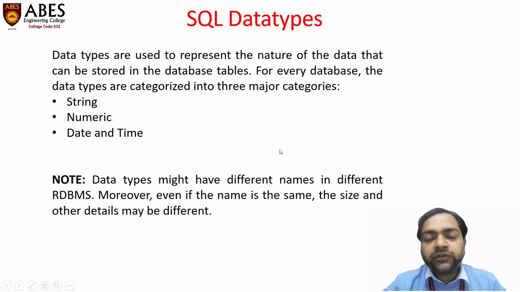Suppose if I'm using SQL Server, the data type used to define the nature of the data is something different from Oracle. Moreover, even if the name is the same, the size and other details may be different. So we will manage according to the database which we are using.